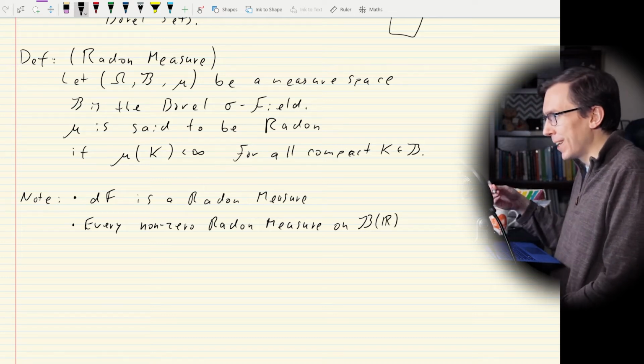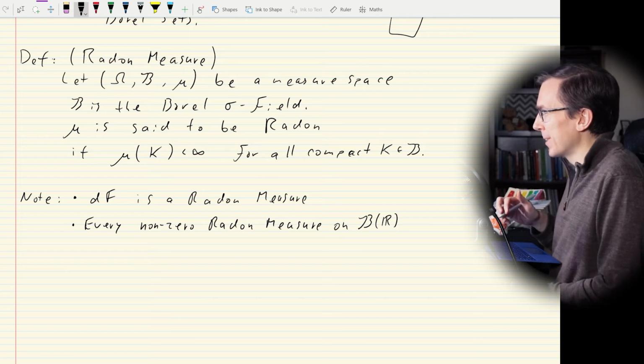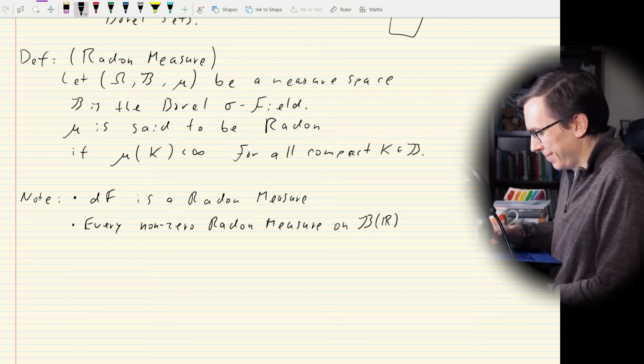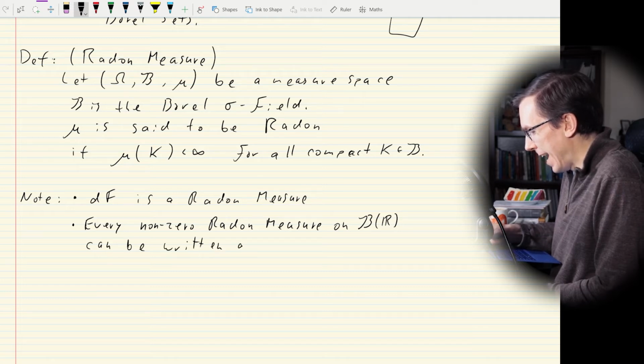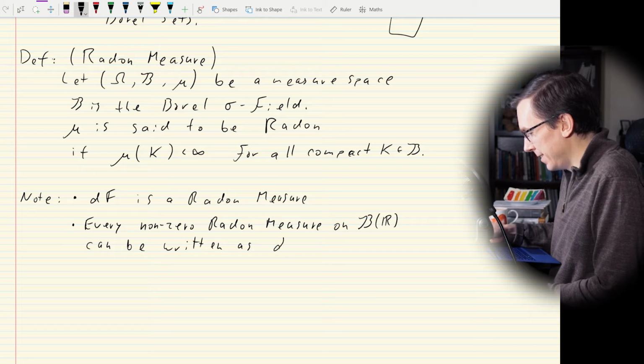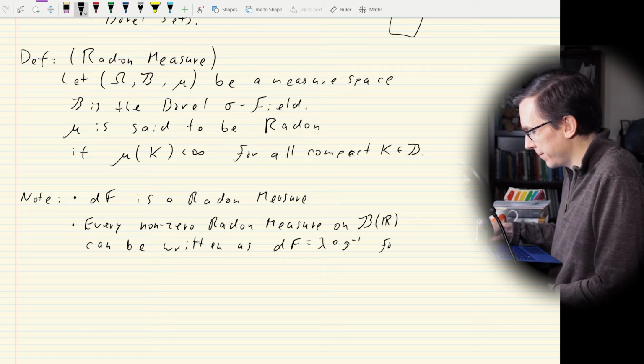Again, if we get off the real line, then compactness might not be the same, but on the real line, we're good. So that's kind of cool, I think.